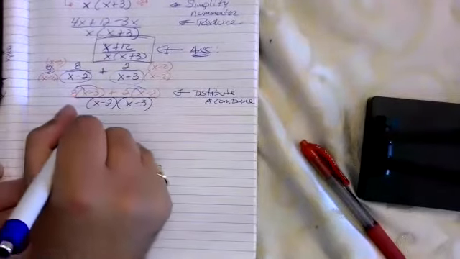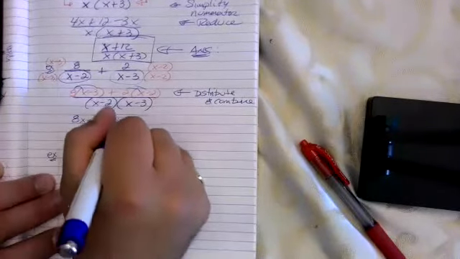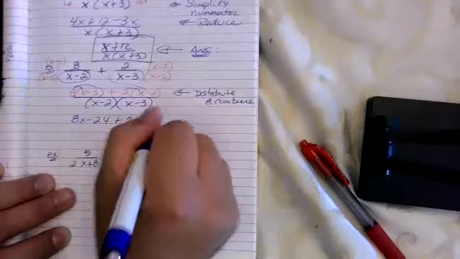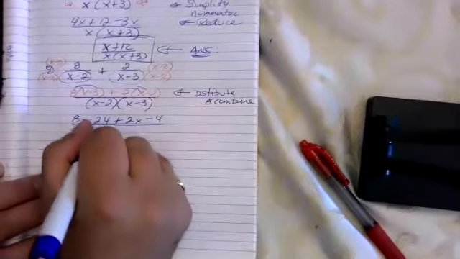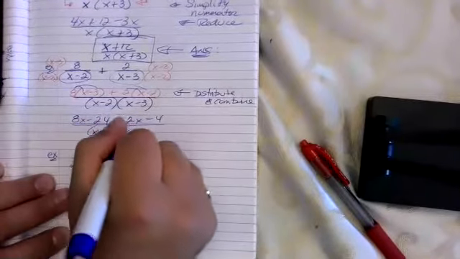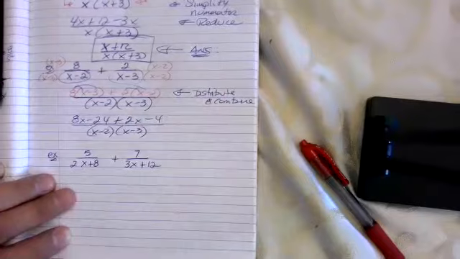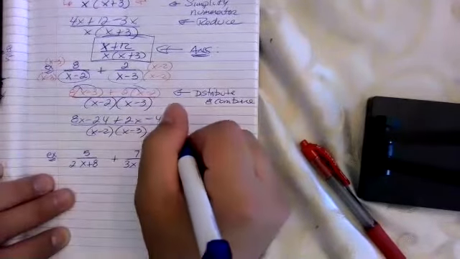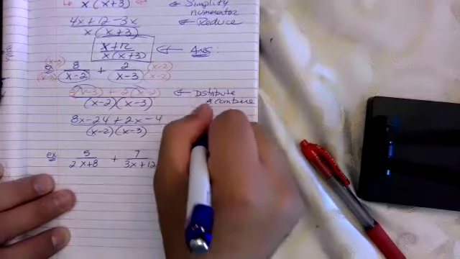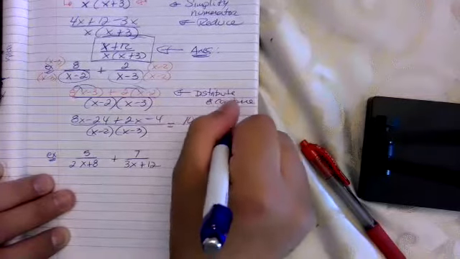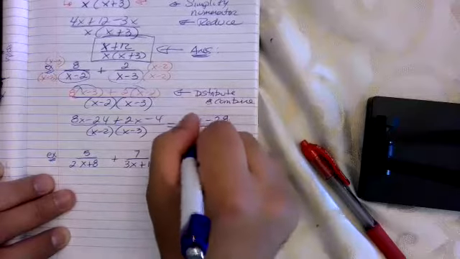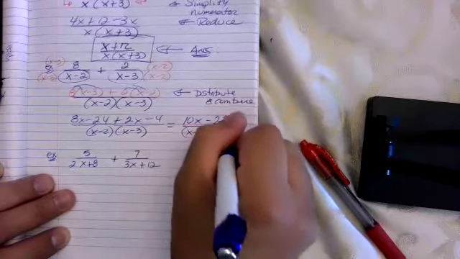So I'm going to have 8x minus 24 plus 2x minus 4. I'm going to run out of room, so I'll put it next to it. This looks like 10x minus 28 over x minus 2, x minus 3.